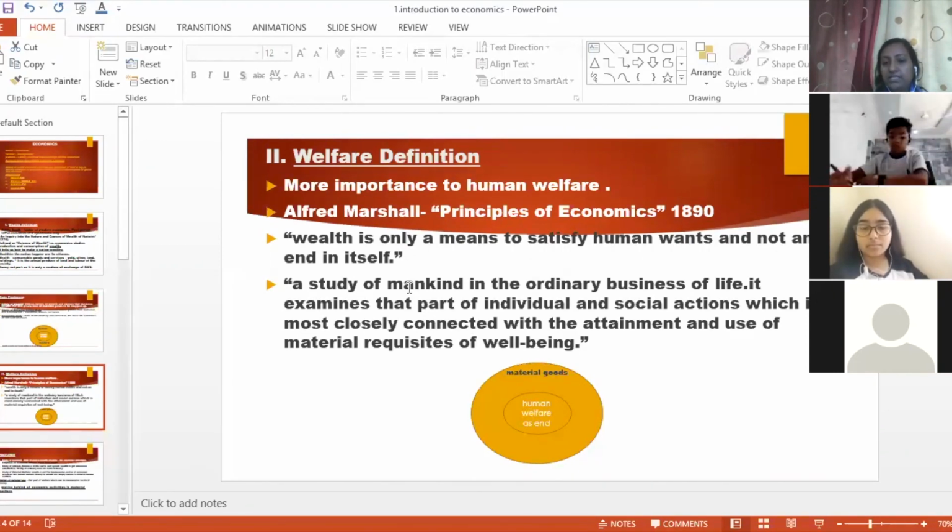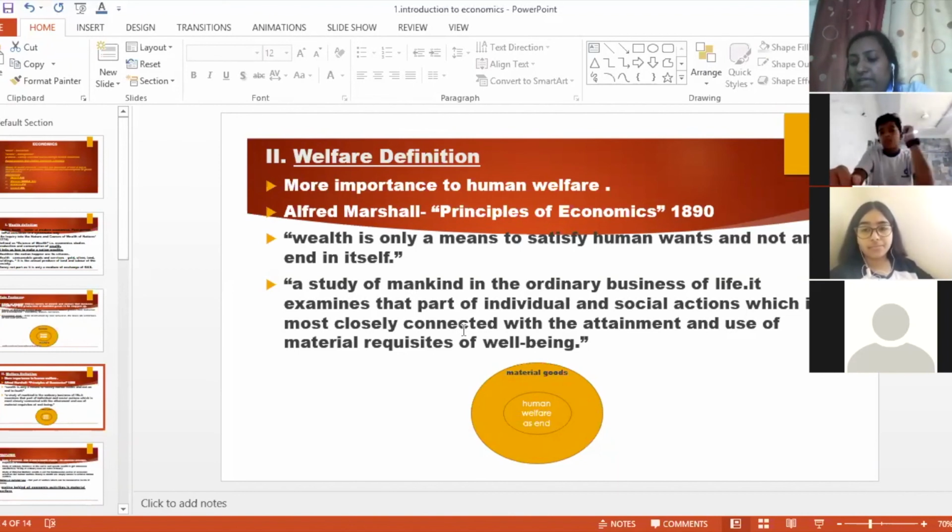What he gave as the definition was: a study of mankind in the ordinary business of life.